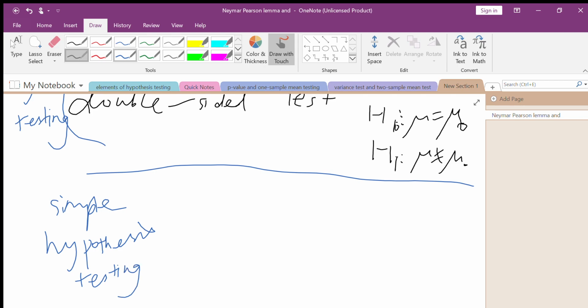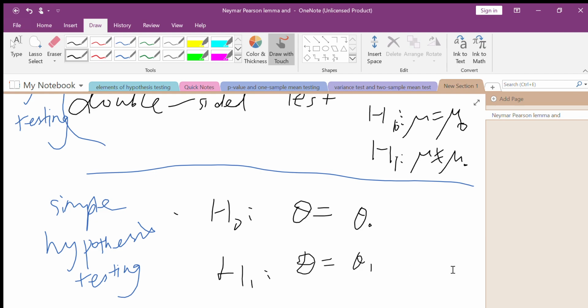So what is simple hypothesis testing? For example, H null is just theta equals theta 0, and H1 is theta equals theta 1.